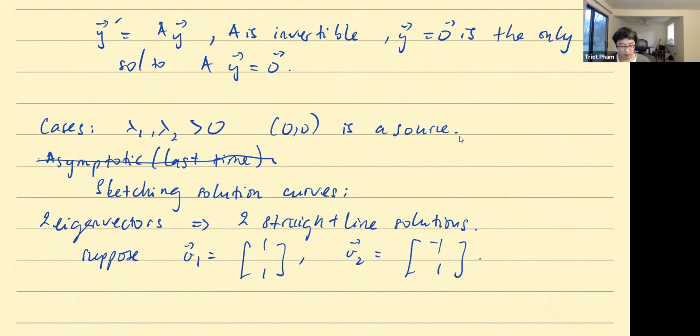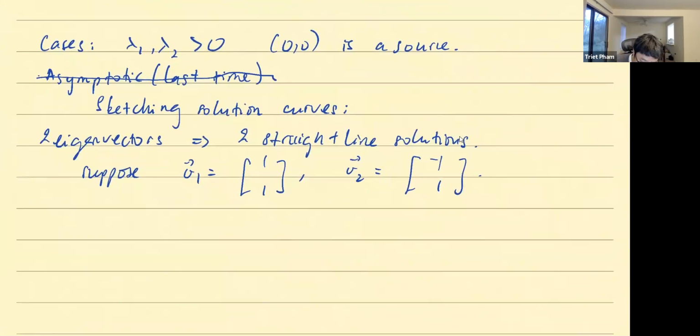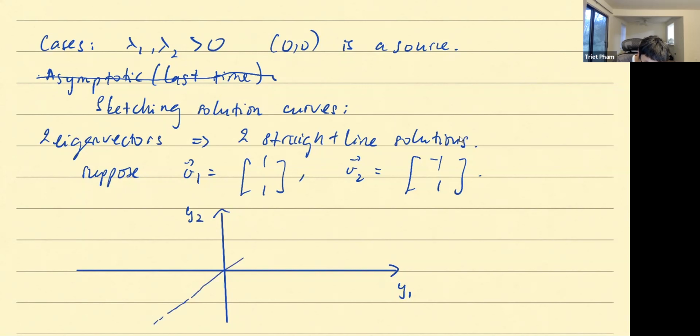So when you want to sketch the solution curve, first of all, you draw the 2 straight line solutions. Let's call the axes y1, y2, or x, y. You have (1, 1) and you have (-1, 1). Then you draw the arrows from these, and they're both positive, so they go away.